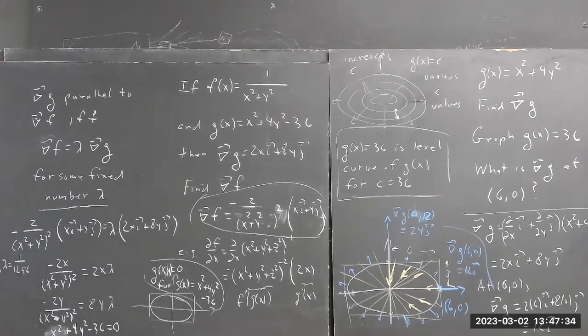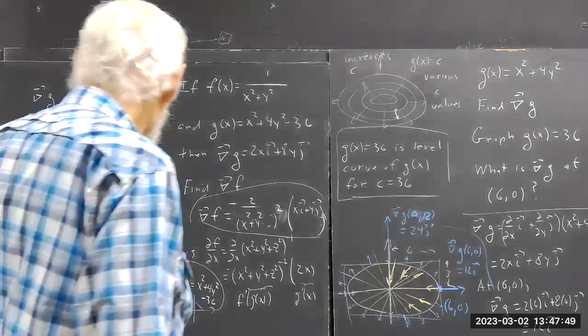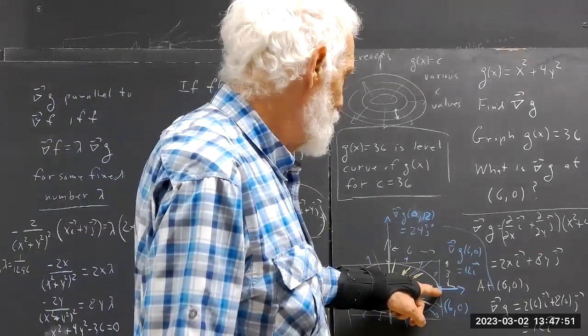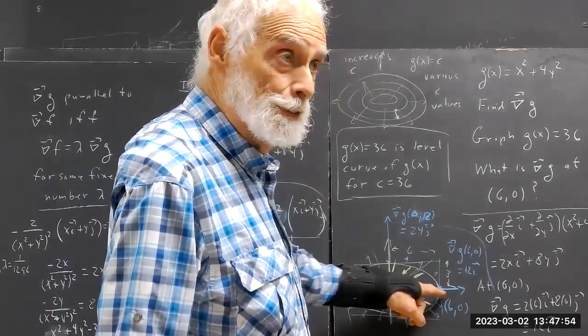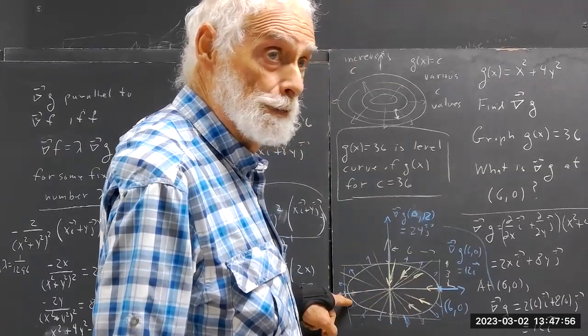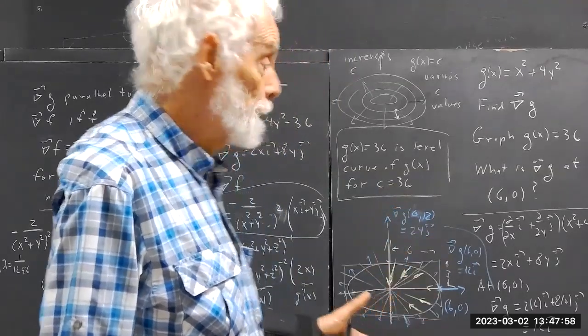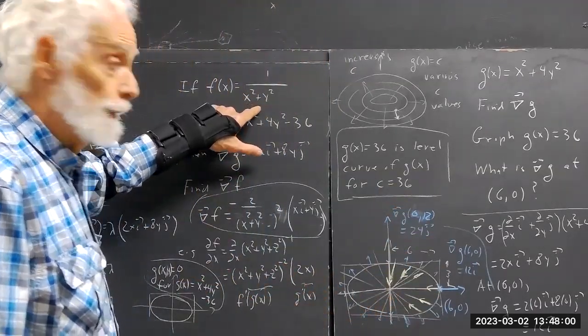Times 1/1296. Same is true if x is -6. So if we say x would be plus or minus 6, lambda is 1/1296. And the value of lambda doesn't really matter. What this tells us is you have an extremum at (6, 0) and another one at (-6, 0), which is exactly what has to happen for a function like this.